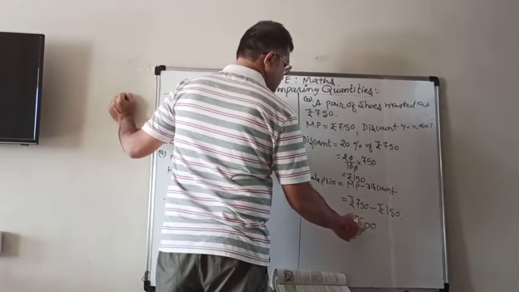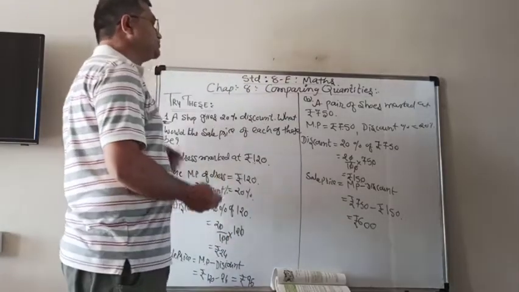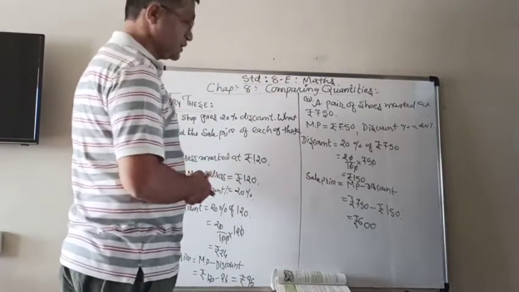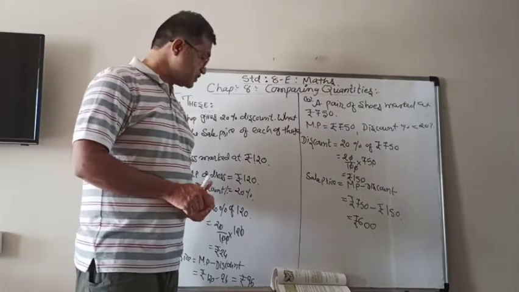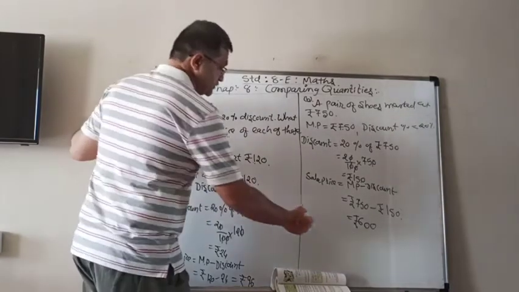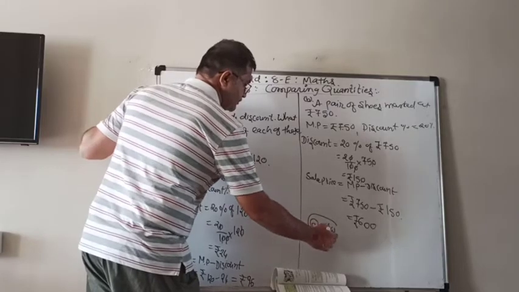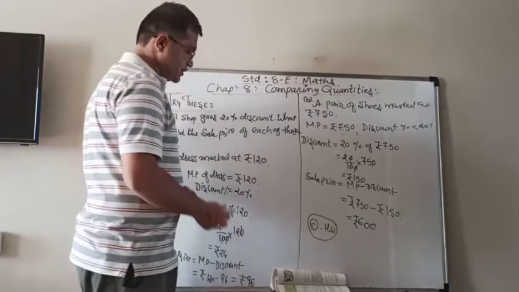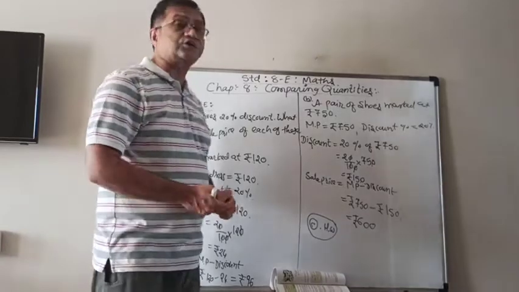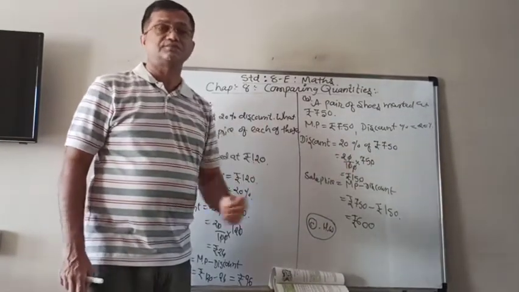So the sale price of the pair of shoes is rupees 600. See, you can do it yourself, very simple, same type: a bag marked at rupees 250.